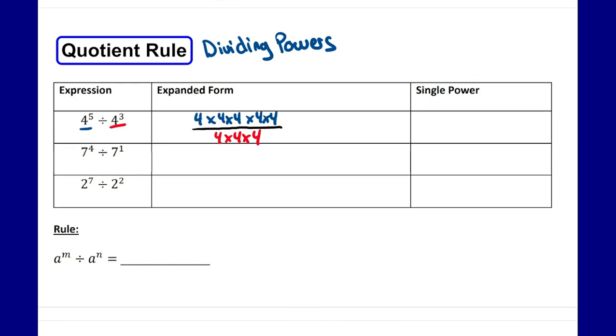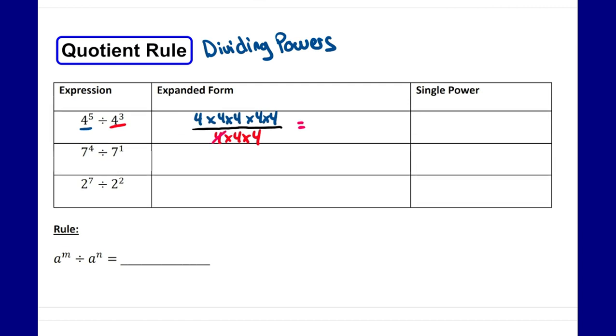Now, if I want to write this as a single power, can I simplify this expanded form? I can, because if I have a number on top and the same number on the bottom, or if I'm multiplying by numbers on the top and numbers on the bottom, they can cancel out. Because if I multiply by 4 and divide by 4, they will cancel out.